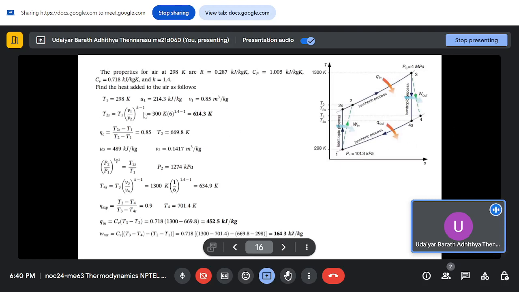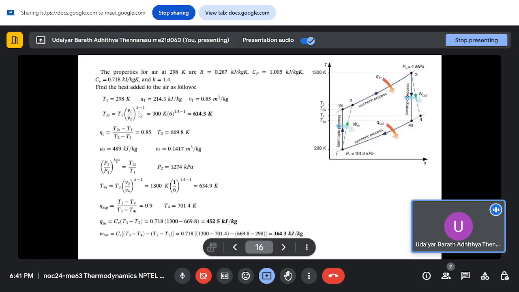Here we know V1 by V2 is 6, so we use that here. Previously in the Brayton cycle we used P2 by P1. Here a compression ratio is given, how much you are compressing. So V1 by V2 is given, V1 by V2 is 6.